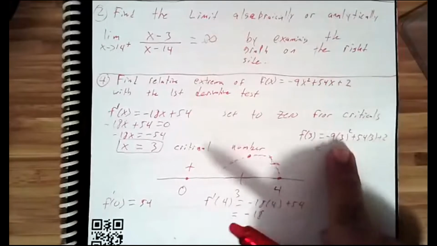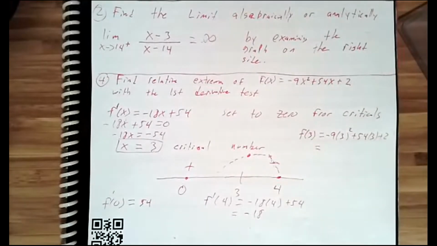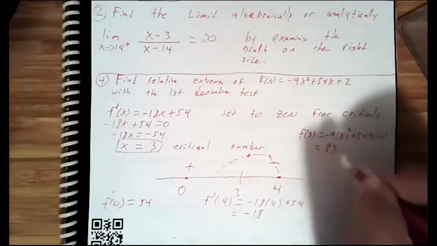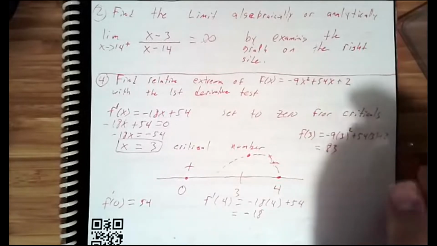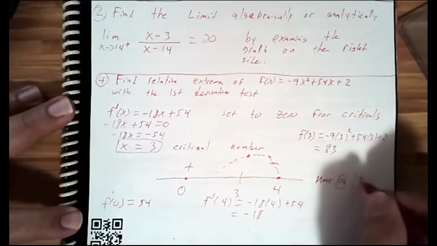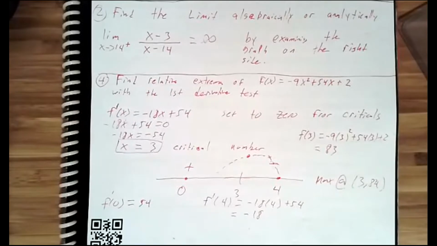It's 9 times 9 is negative 81 plus 54 times 3 plus 2. 83. Okay, so maximum at 3, 83. I ran out of space, but is that clear or no?